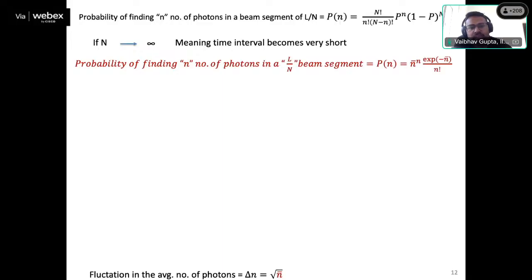If I do that, then the probability of finding n photons will come out something like this, and people call it the Poissonian distribution. So this is not something random. It has some sort of probability distribution, which is called the Poissonian distribution. And here n is the number of photons, which is an integer.